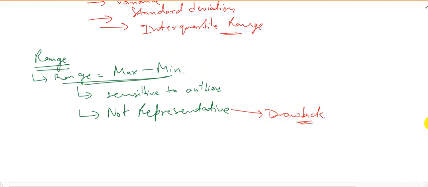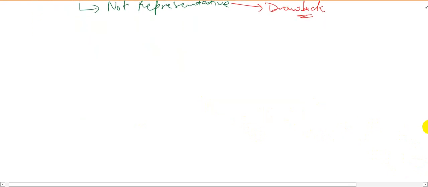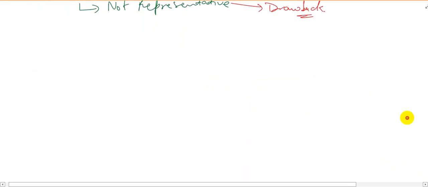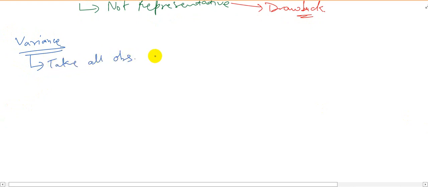The next point here is variance, and this is a very important as well as new type of concept. Variance is that kind of measure of dispersion which takes all observations into account.